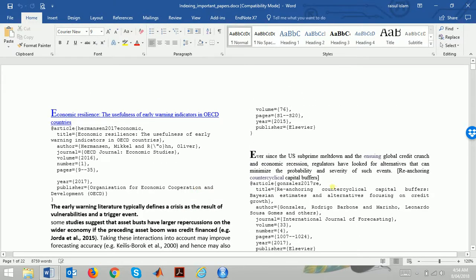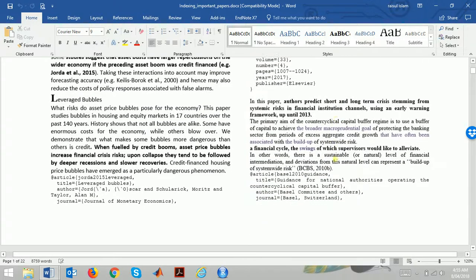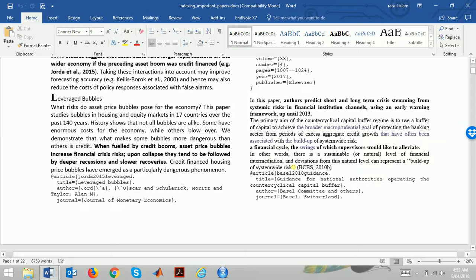Ever since the US subprime meltdown and the ensuing global credit crunch and economic recession, regulators have looked for alternatives that can minimize the probability and severity of such events. In this paper, authors predict short and long term crises stemming from systemic risks in financial institution channels using an early warning framework.